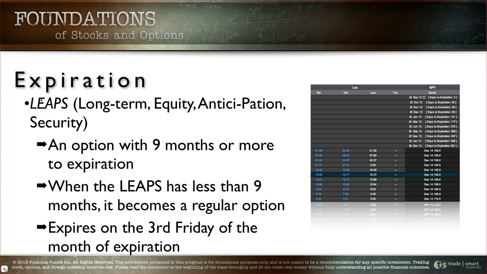LEAPS, the term, L-E-A-P-S, is actually an acronym for Long-term Equity Anticipation Security. Now, I realize, as well as you realize, that "anticipation" is not spelled with a P-A-T. That's the stupidest acronym I've ever heard.